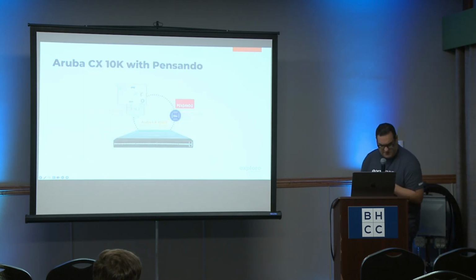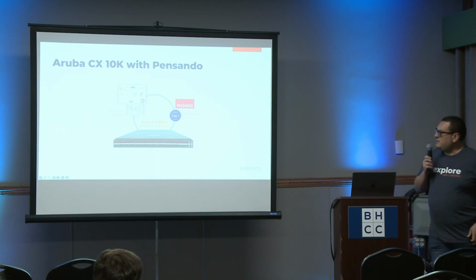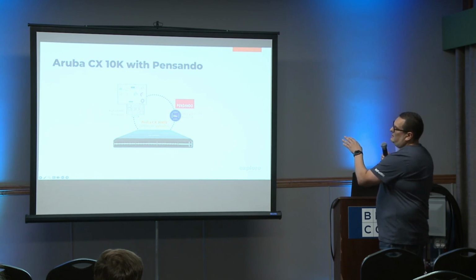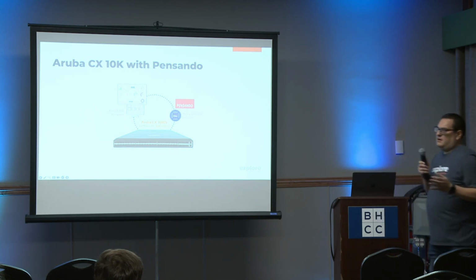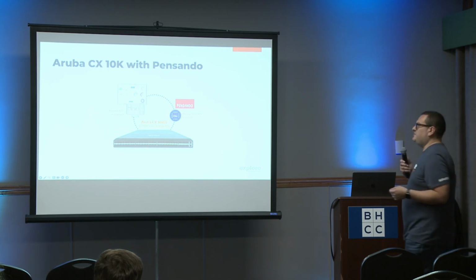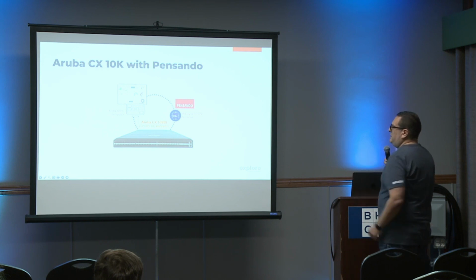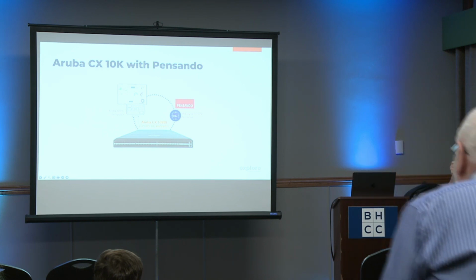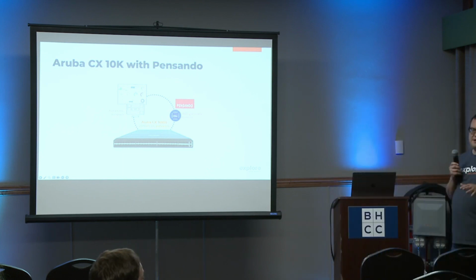And you can kind of see this is what the 10K looks like. And you can see right in here, we've got AFC, and then we have this Pensando icon. And the way it works is we have a couple of virtual appliances, Fabric Composer, which you've heard a lot about already. But then Pensando themselves have their own appliance, and that appliance really manages all the stateful inspection firewall rules that are in the special Elba chips that are inside of the switch.